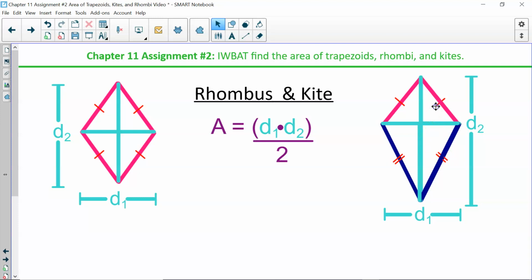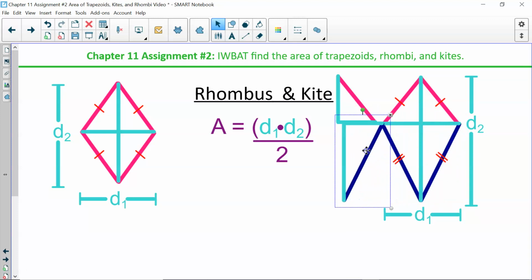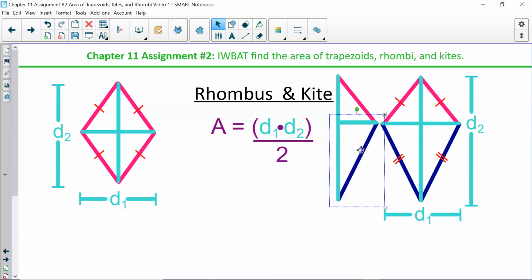So I'm going to take the smaller of the two triangles, and I'm going to copy that over, slide it over to the left. And then I'm going to take a copy of that longer, the bigger triangle on the bottom, and slide that also to the left.